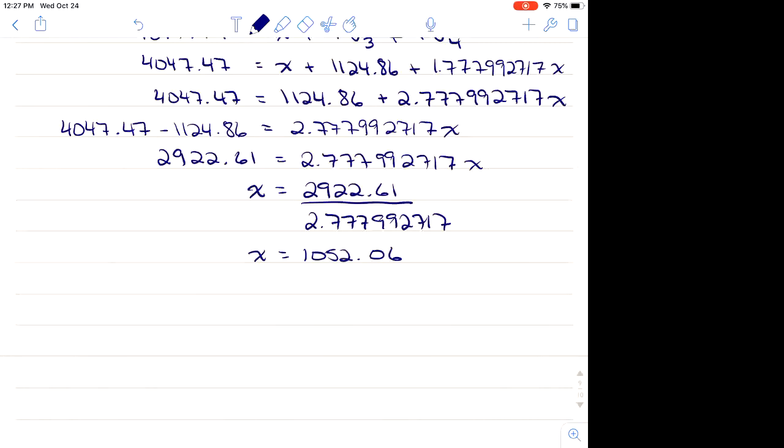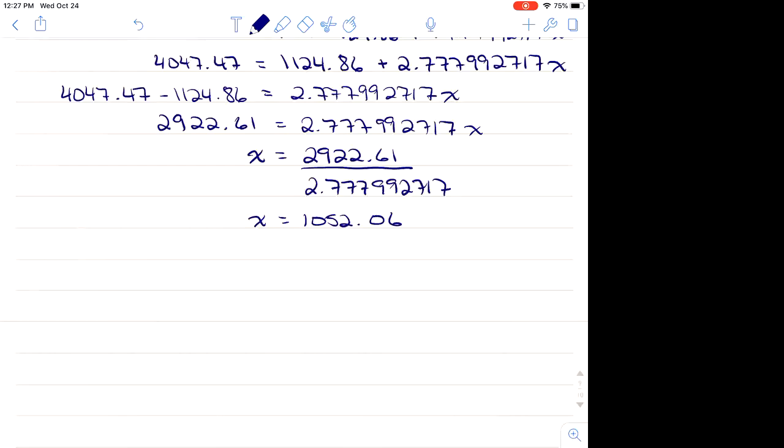No. We want to know what the second and the third payments are. The third payment is twice as much as the second payment. We're so close we can taste it. The first payment must be 1052.06.